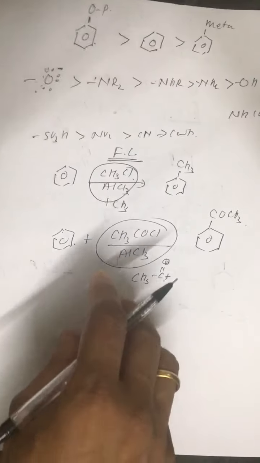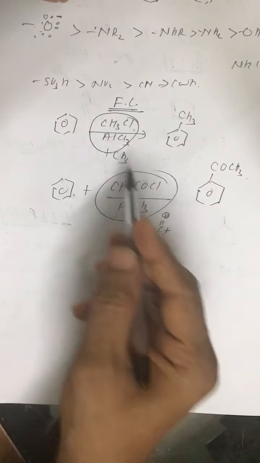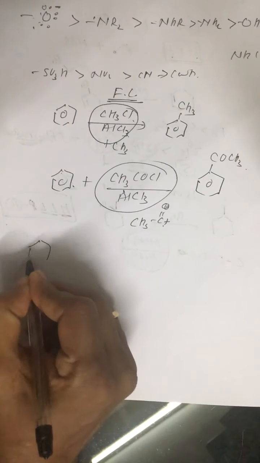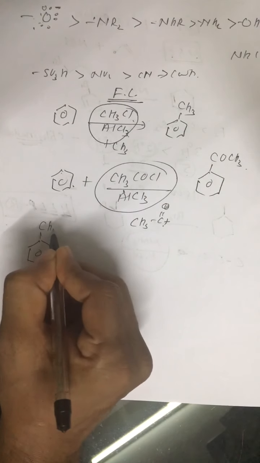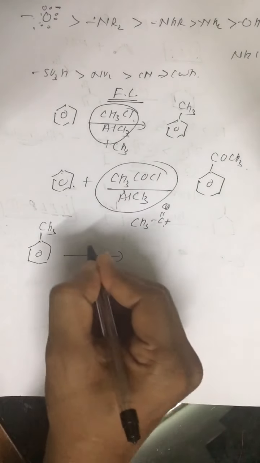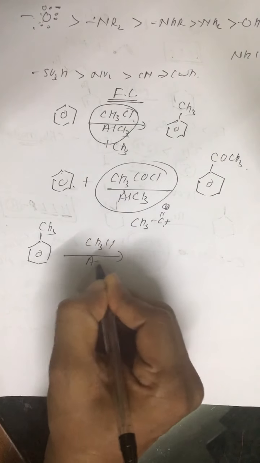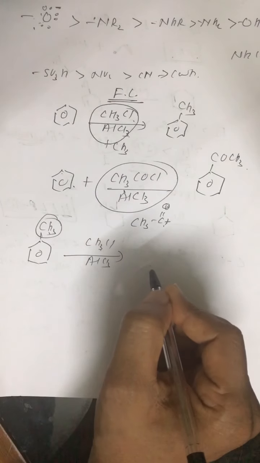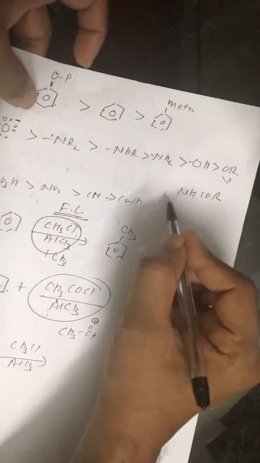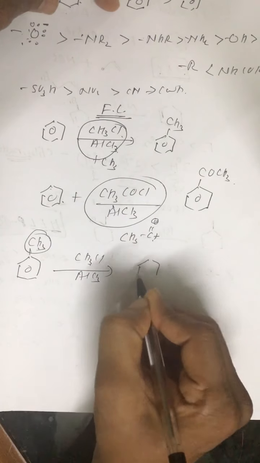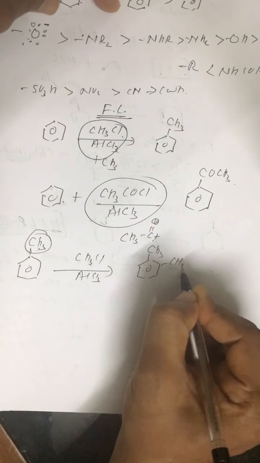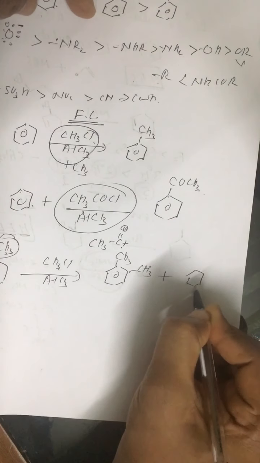And if you know what is the electrophile produced, you can always write the product. Even if you are given any compound like toluene, and if it is treated with CH3Cl and AlCl3, now you know this methyl group is OP director, alkyl group. So obviously CH3 positive produced may go to ortho position as well as para position.